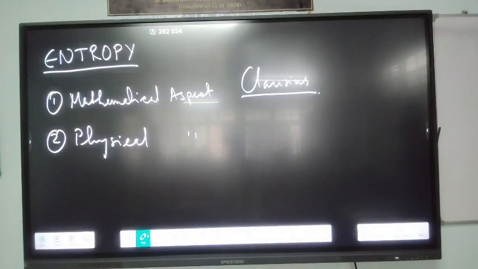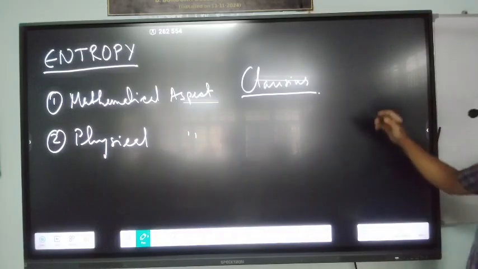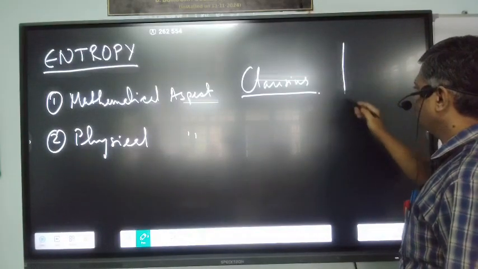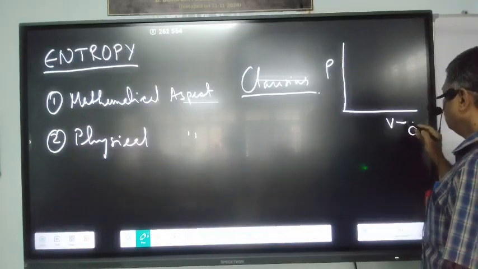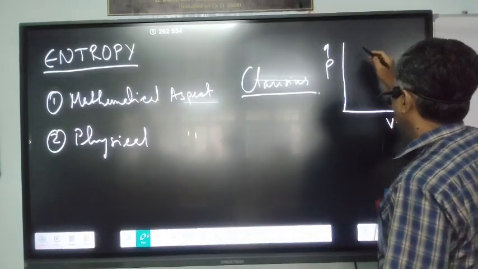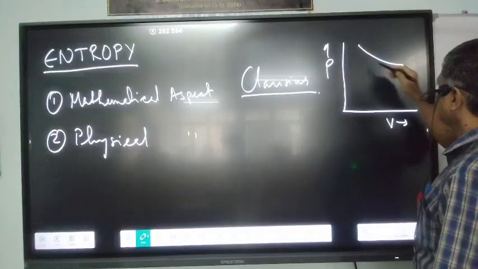Now, how does the mathematical term come into the picture? It actually comes from the Carnot engine. So, let us see the Carnot engine.